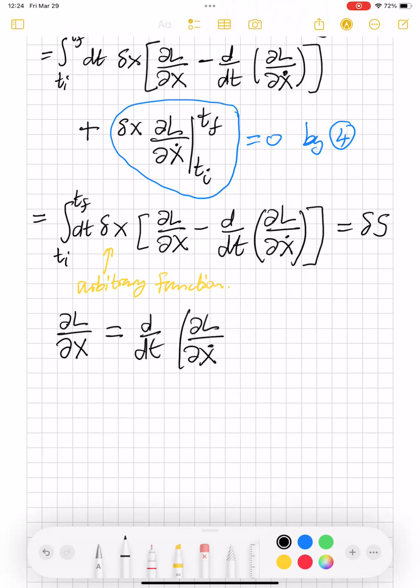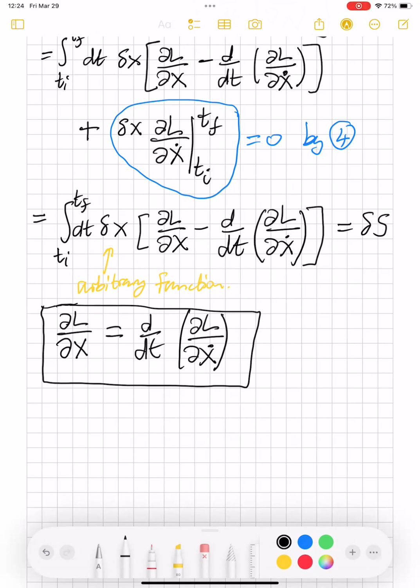So let me just stress again a very important point. We did not come to this conclusion because the integral vanished. There are plenty of functions that integrate to 0 but are not 0. We reached this conclusion because delta x is an arbitrary function and the integral is 0.